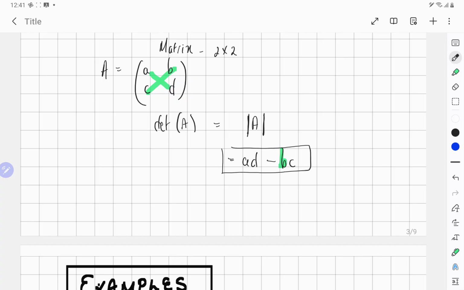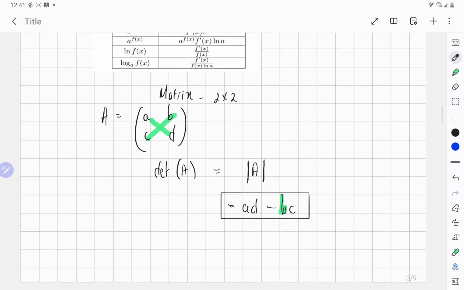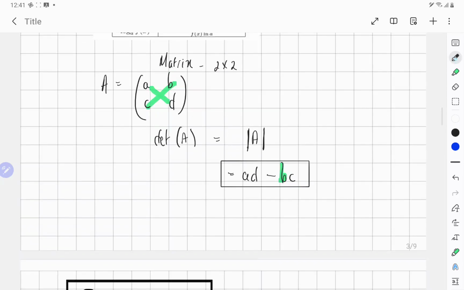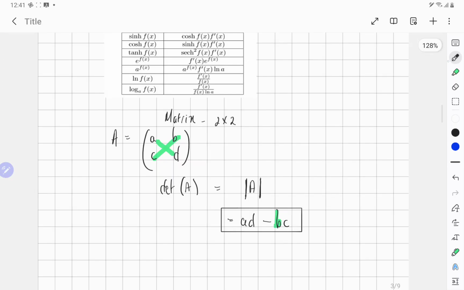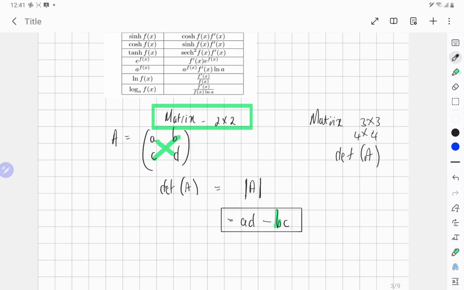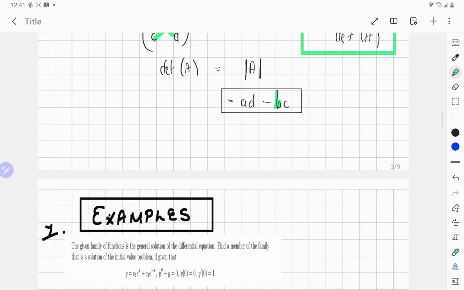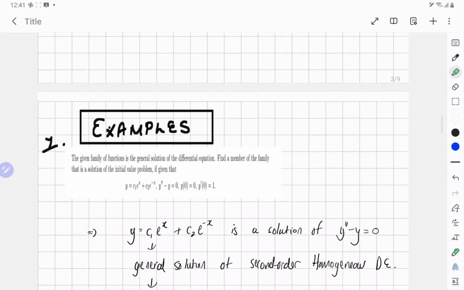So that is the determinant of a 2 by 2, very important. Then I advise all of you, I'm not going to do it now, we have quite a lot to do in this video, so for revision, revise how to do the determinant of 3 by 3 and 4 by 4 matrices.